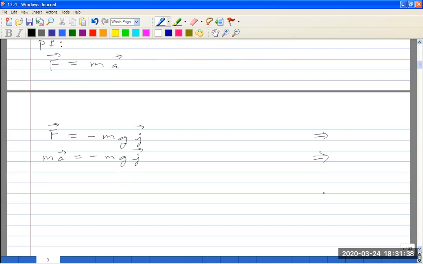And so the acceleration is equal to minus g j. And so integrating, I get that the velocity is equal to minus g t j plus some constant vector.